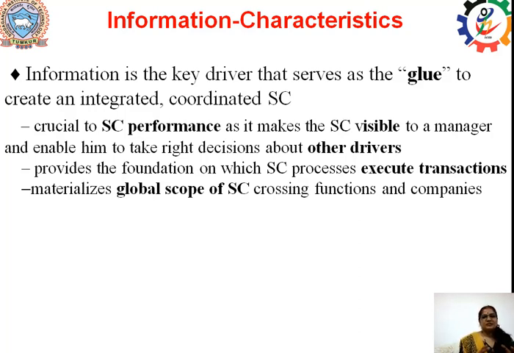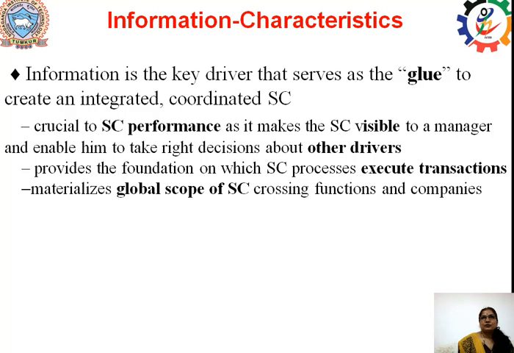Information is very crucial to supply chain performance as it makes the supply chain visible to a manager. What is the meaning of visible to a manager? If information is not there, the manager will not come to know many of the things that are happening in the supply chain, the status of the supply chain. For example, how about the various costs associated with the inventory?